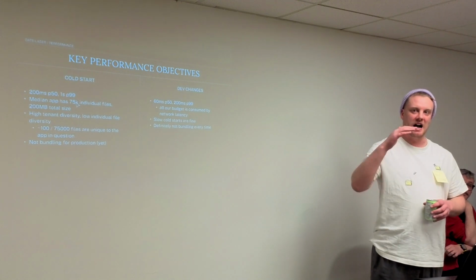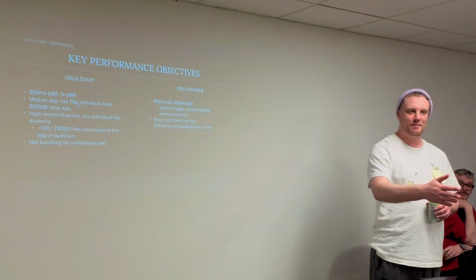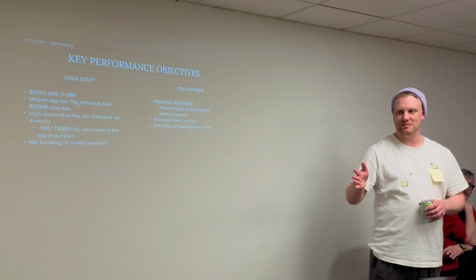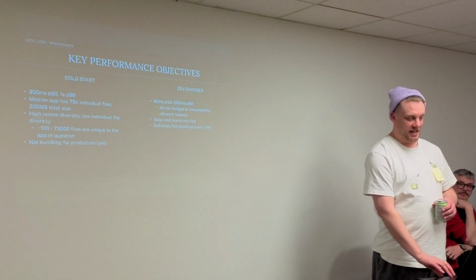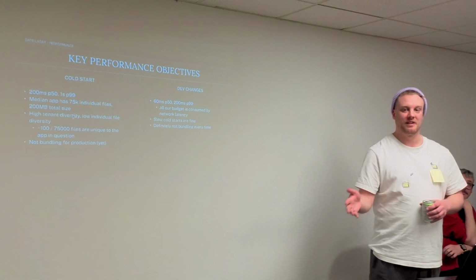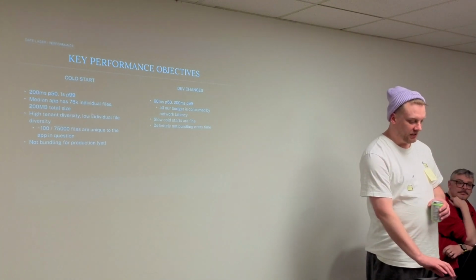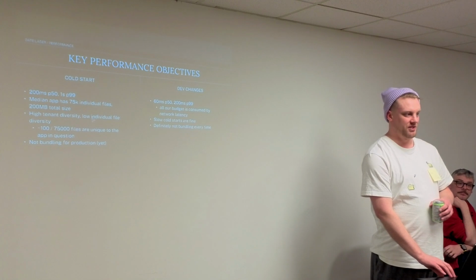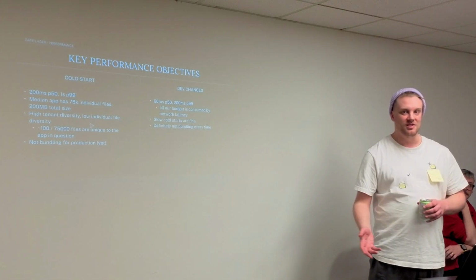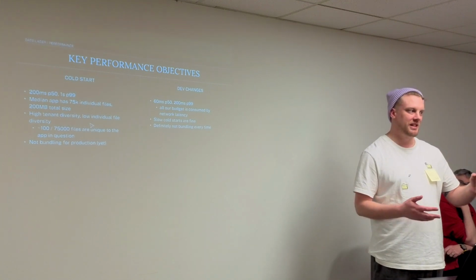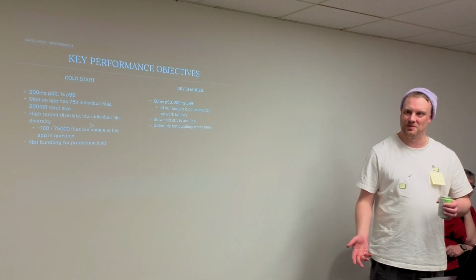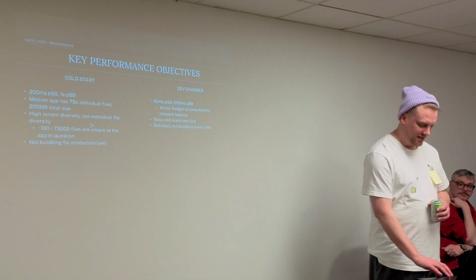It's a high constant number of file write operations and a semi-high number of bytes to write into those files. And then we have very high tenant diversity, many different apps built with Gadget, but remarkably low individual file diversity. They all use the same 100 node modules times 10 versions per. That's still only 1,000 unique node modules. It's not crazy.